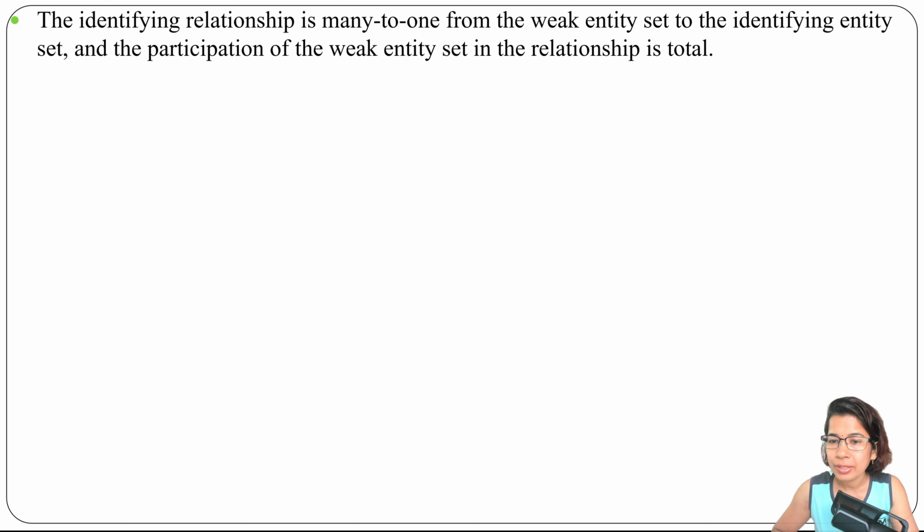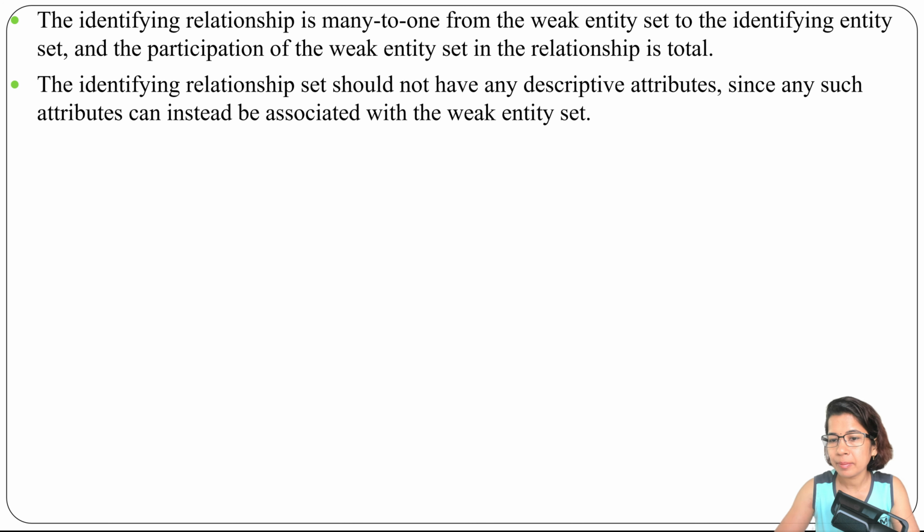And that relationship cannot have a descriptive attribute. Generally, a relationship can have some descriptive attributes, but in the case of a weak entity, the identifying relationship that relates the weak entity to its owner entity set should not have a descriptive attribute. Rather than adding the descriptive attribute to the relationship, we can add it to the weak entity set.